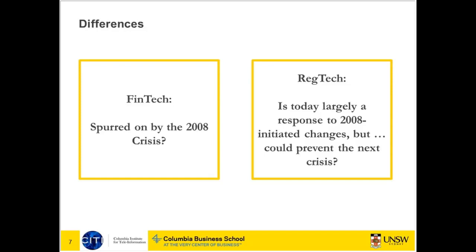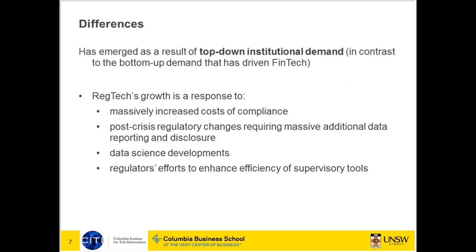But we actually think its real potential is to potentially prevent the next crisis or reduce the severity of the next crisis by helping regulators regulate not in an after-the-fact sense, which is the main way they do it today, but in a proactive, close to real-time sense, which would be a very, very different sort of world.